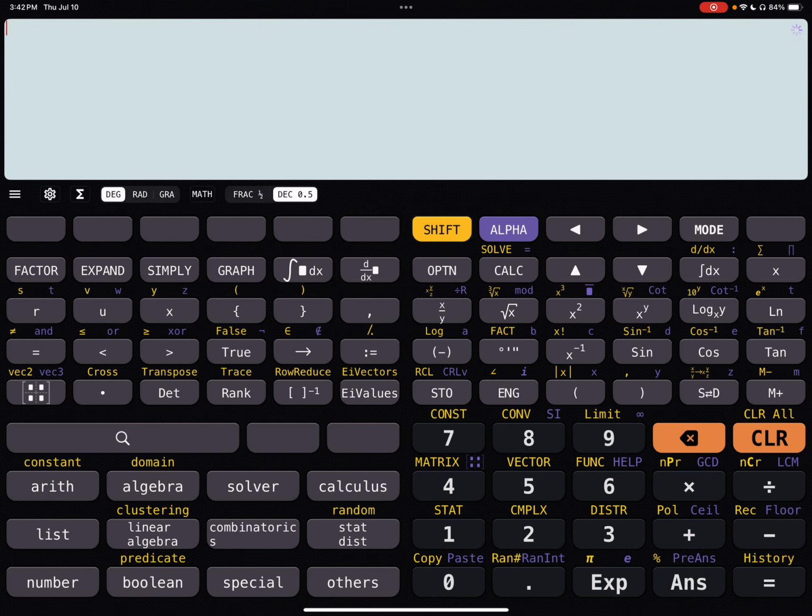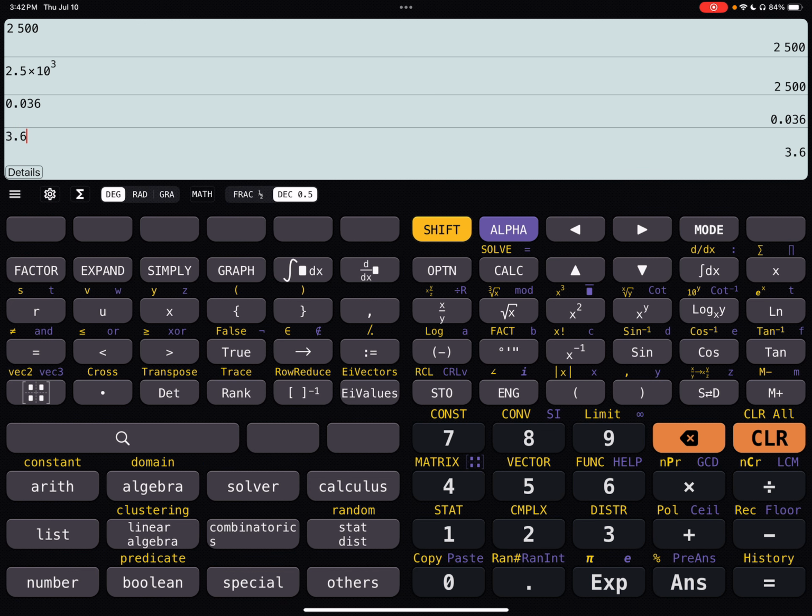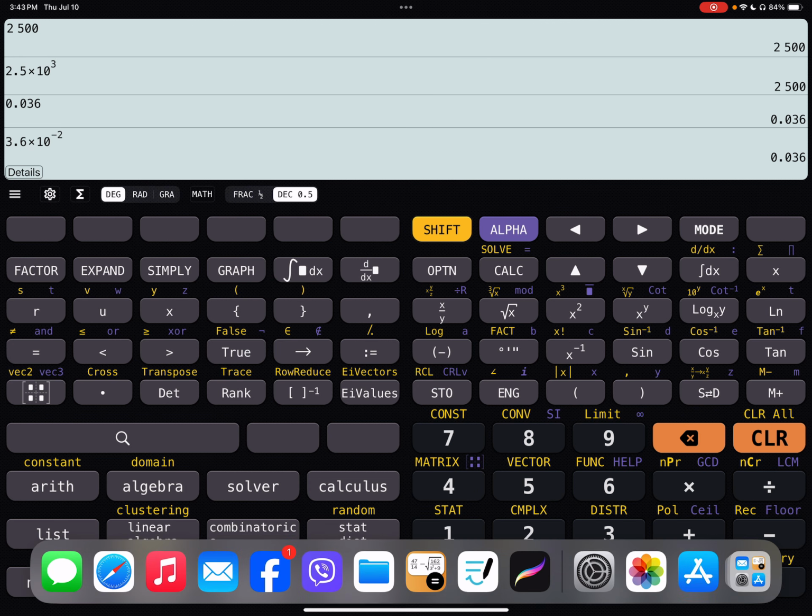So I had 2.5 times 10 to the power of 3, which gives 2500. And 3.6 times 10 raised to the power of negative 2 gives 0.036. So if you want to make sure, put your scientific notation back in your calculator. Okay, now continue.